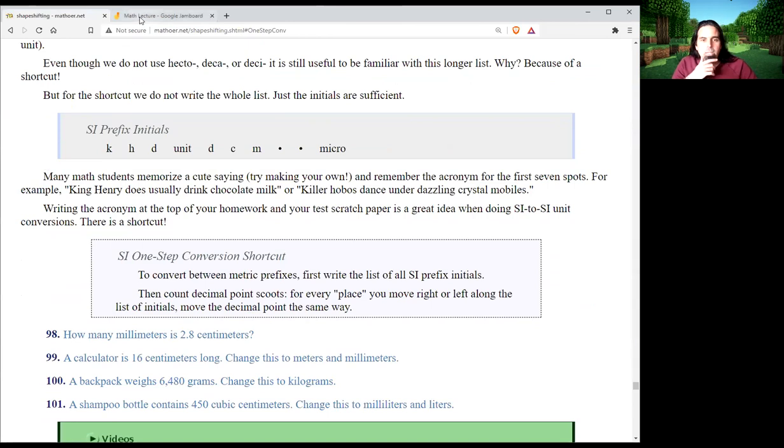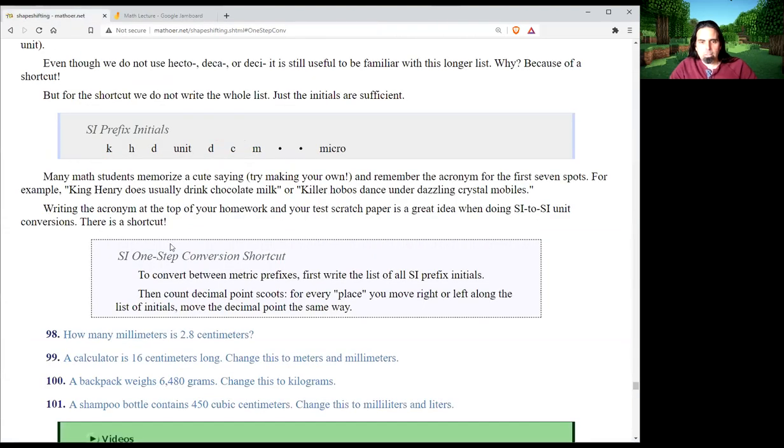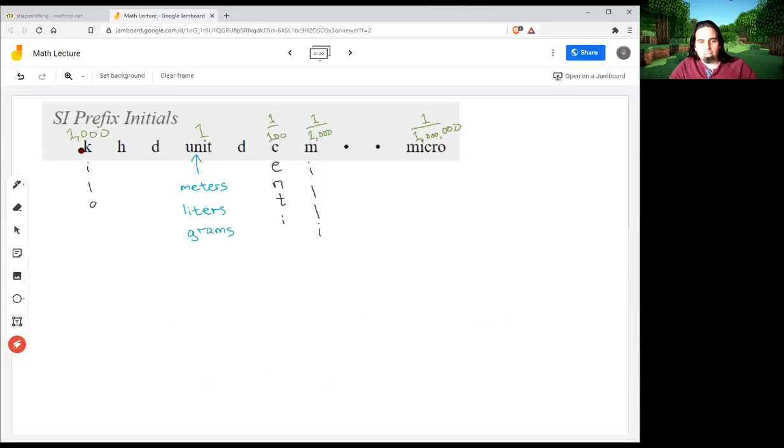You'll want to be able to make this list, and you could always look it up in your notes, but this KHDUDCM, bump bump micro, at least the part before the bump bump micro, people have cute little things they memorize. King Henry does usually drink chocolate milk is the most famous, KHDUDCM.